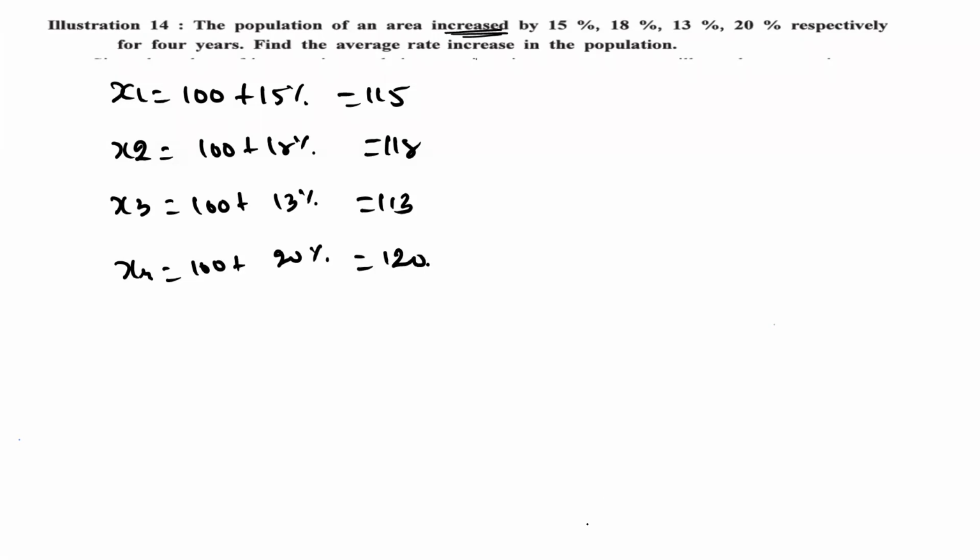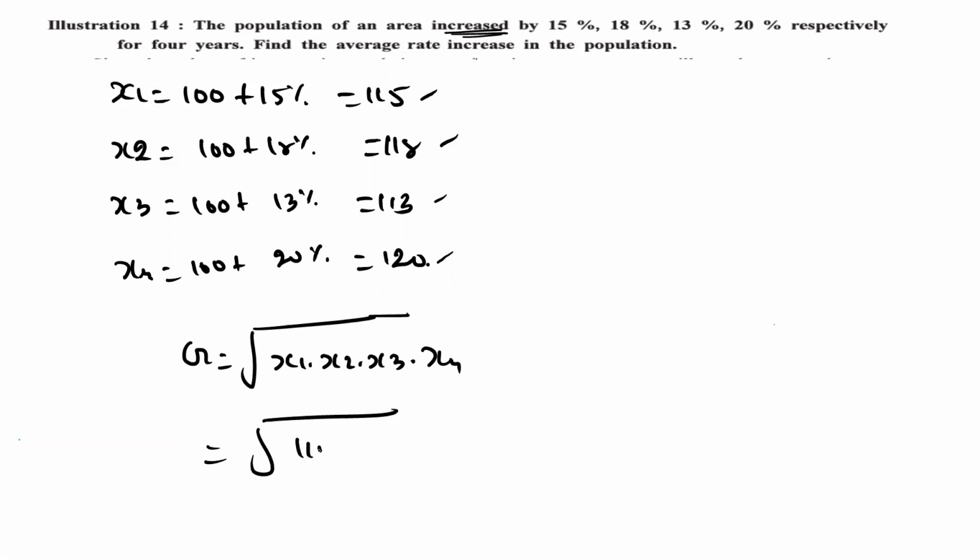Right? So after that, what can we do? All the x is clear now. x1 is clear, x2 is clear, x3, x4 is clear. So now what is the formula for geometric mean? Roll number 39, please say what is the formula? Root x1 into x2 into x3 into x4. Yes. So start doing 115 into 118 into 113 into 120.